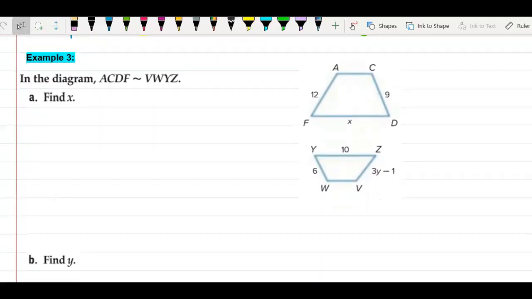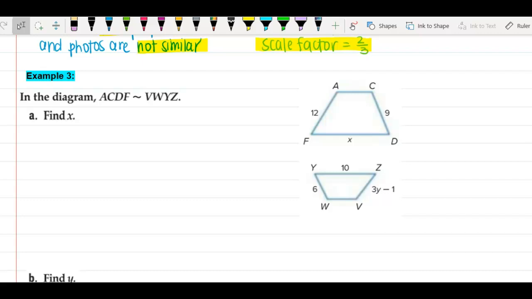So we're going to do something similar here, except we know that they're similar to each other. For our first one, we know that ACDF is similar to VWYZ. If we wanted to find X, X is down here at FD.